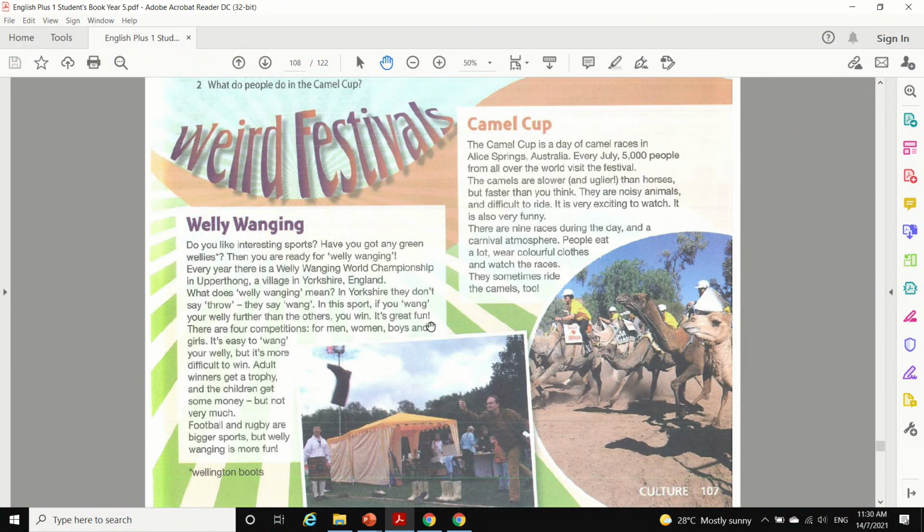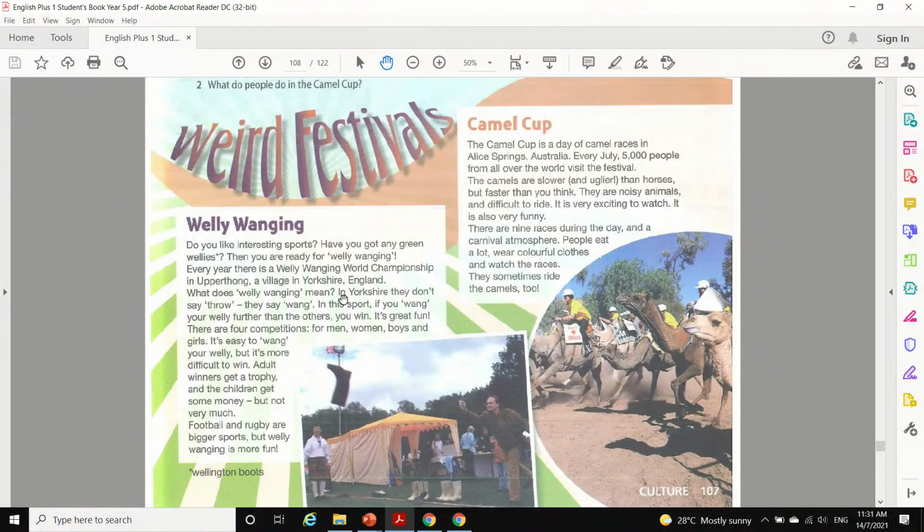It's great fun. There are 4 competitions, that is for men, for women, for boys, and for girls. It's easy to wang your welly, but it's more difficult to win. Adult winners get a trophy and the children get some money, but not very much. Football and rugby are bigger sports, but welly wanging is more fun.